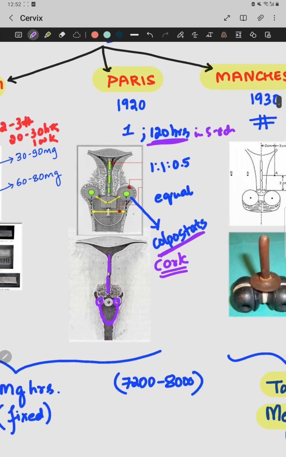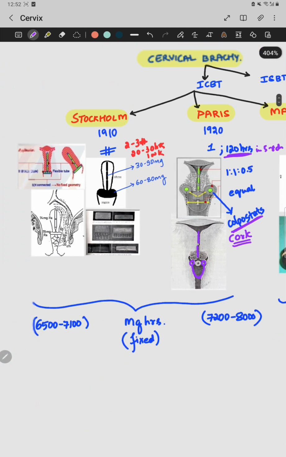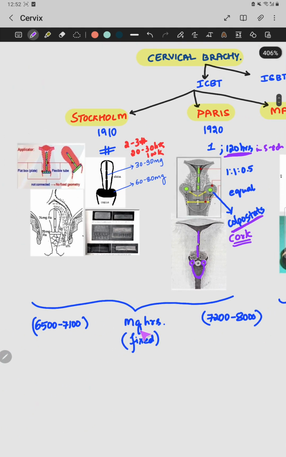sources. Now what happened is, at this time, when they were using radium, the treatment time was fixed. I mean, sorry, it was fixed in mg-hours. So they used to keep for so many hours of treatment. They used to not calculate dose at a point; dosimetry at that time was in mg-hours.